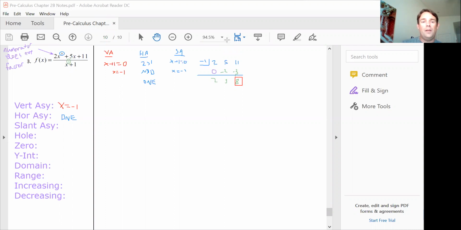So again, since I start with x squared here, then I'm going to drop it by 1, so I have x to the first, plus, so y equals 2x plus 3. That is my slant asymptote.